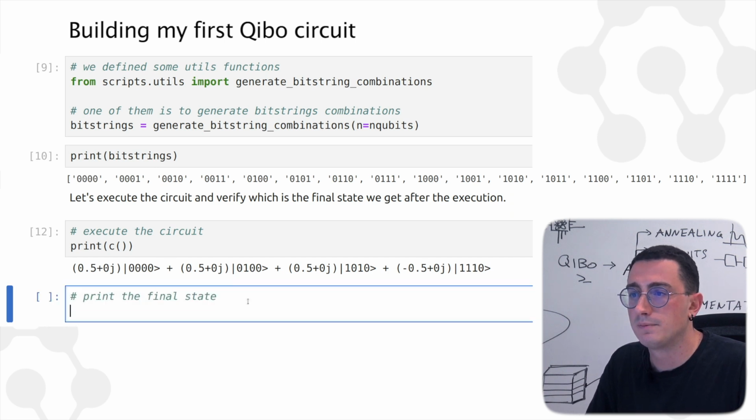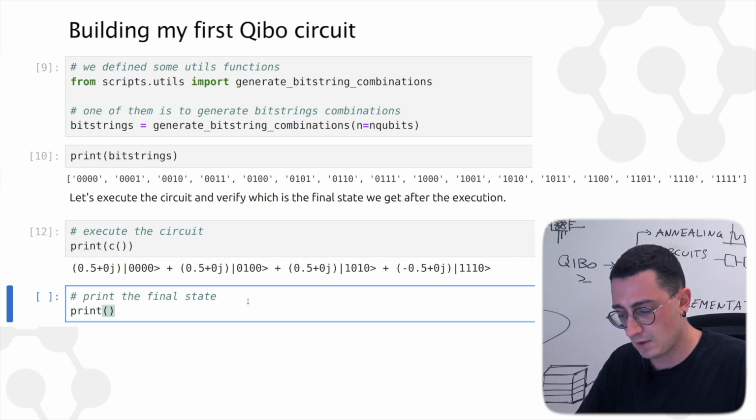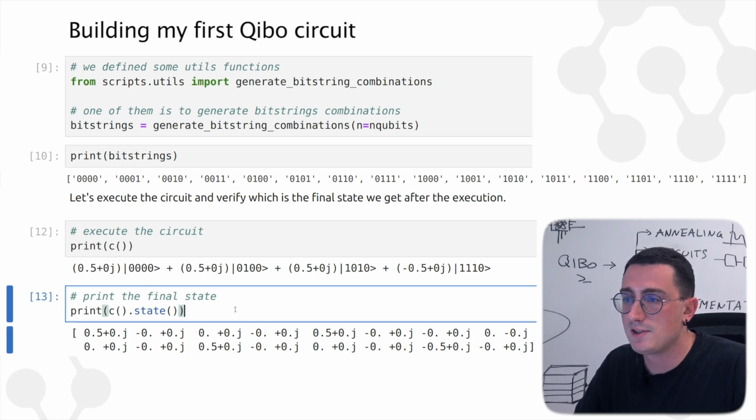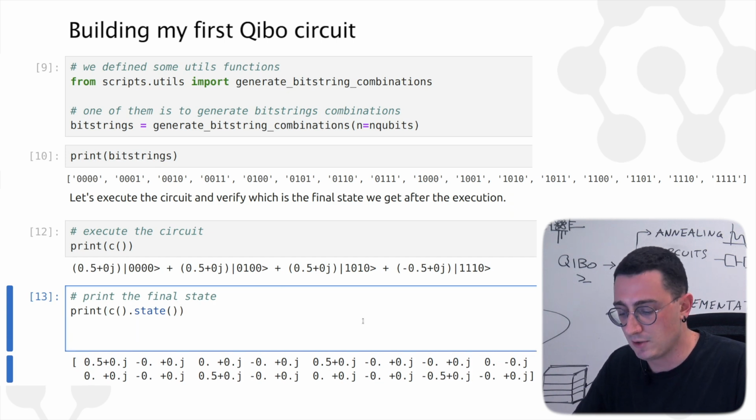In particular, we can print, if you want, just the amplitudes. Printing c.state. In the amplitudes vector, you will see that some of them are non-zero, the 4 you see here in the explicit formula, and the others are set to be 0. So now let me collect the final state into an object we call outcome.